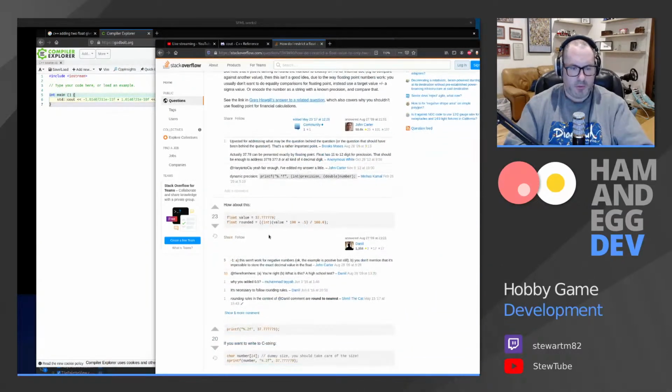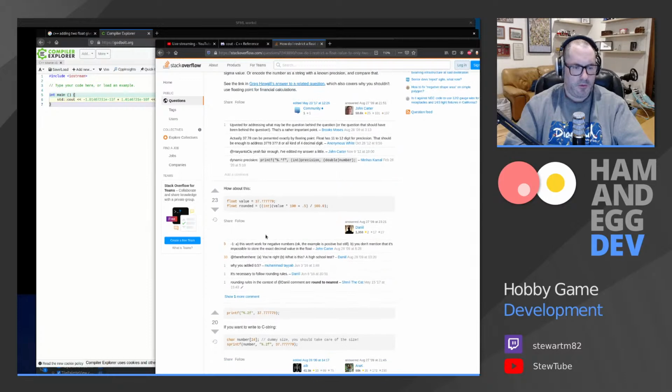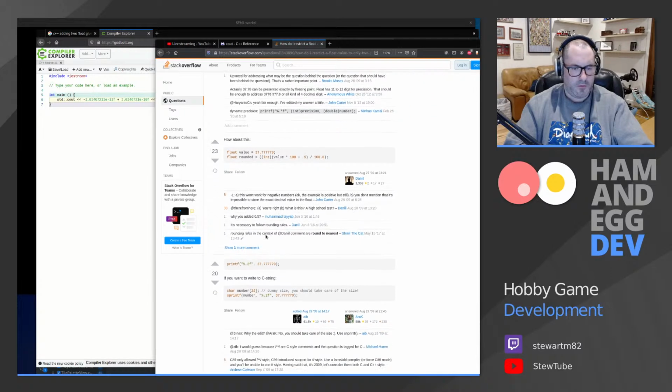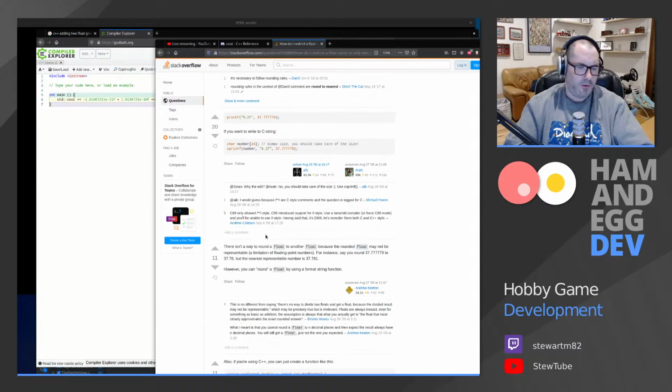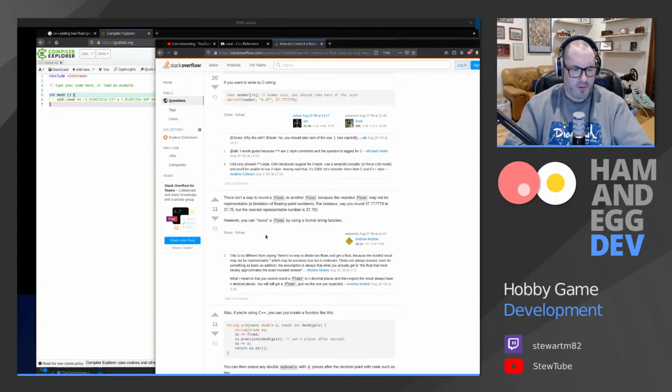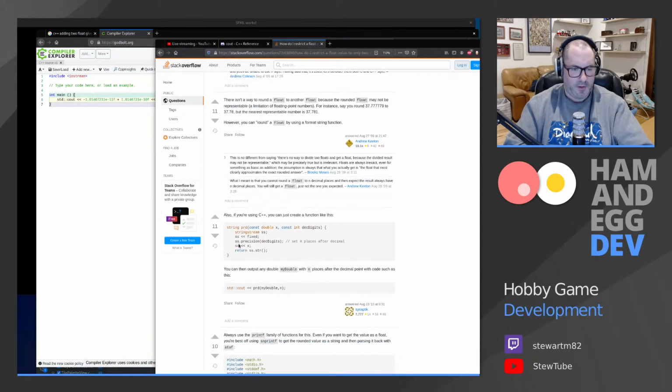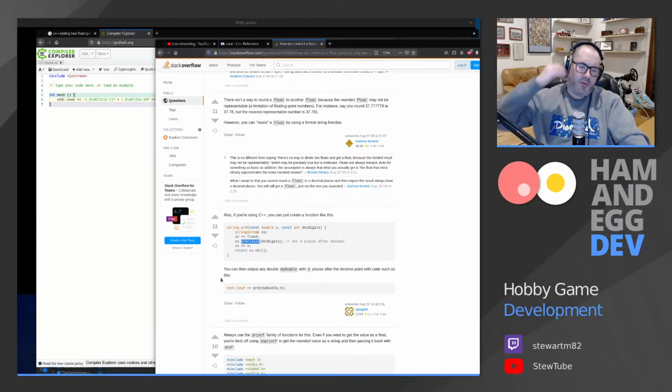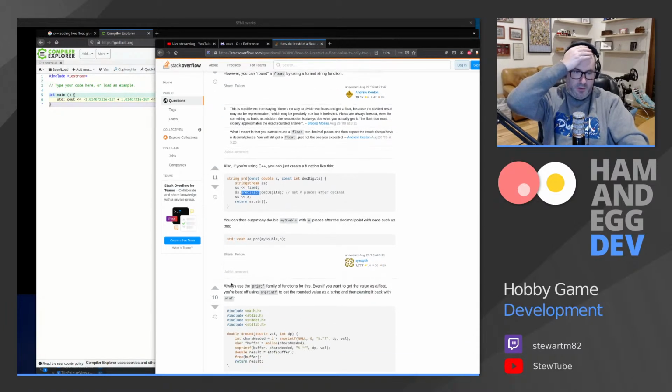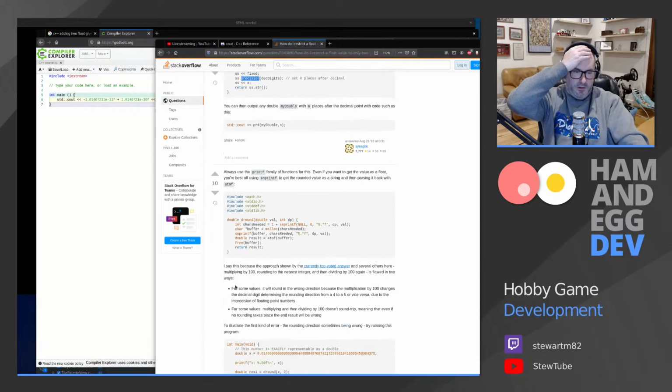A lot of people talking about printing. Okay, a lot of people giving different ideas on things. Let's create a function like this. Oh, string stream, really? Why would you do that?